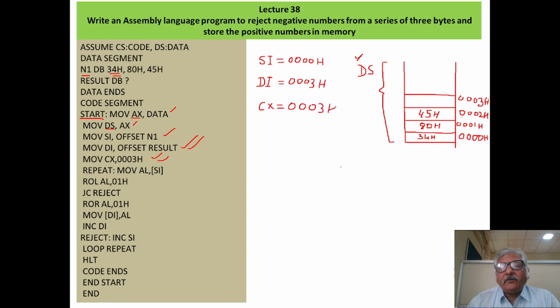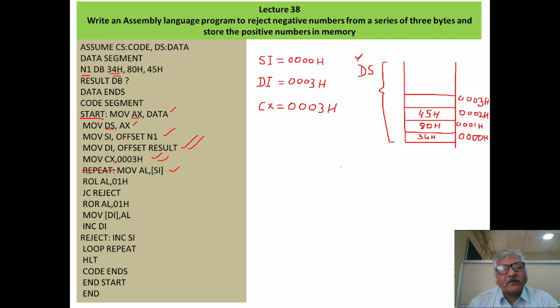We have loaded 3 because we are checking three numbers. In the program we are going to use the CX register as a counter to check whether we have checked all the three numbers or not. Now come to the next instruction, repeat. For the time being, forget about this label repeat.